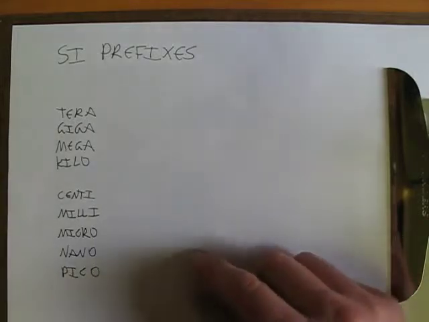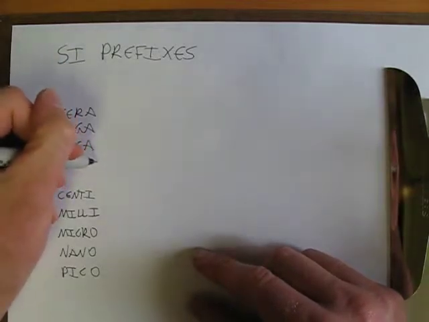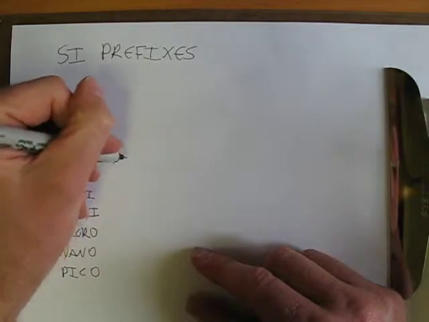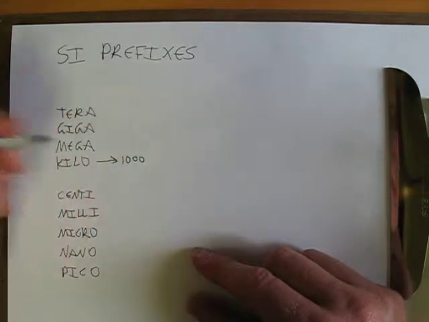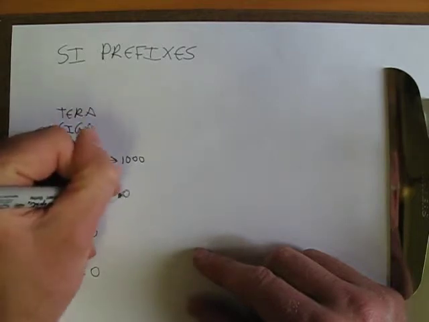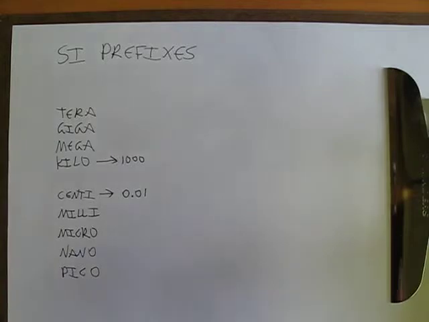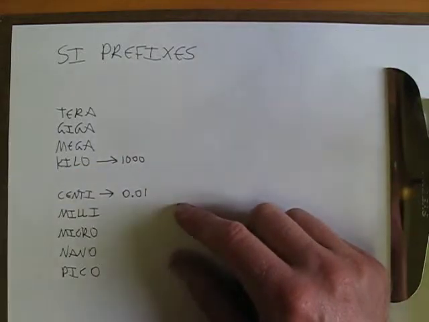So now, kilo means 1,000, and centi means 0.01. But what I just said is we're going to do exponential notation, so I don't want to actually write it out like that.